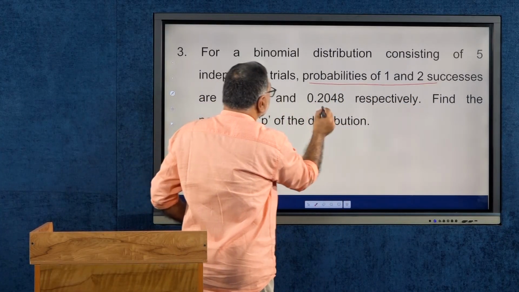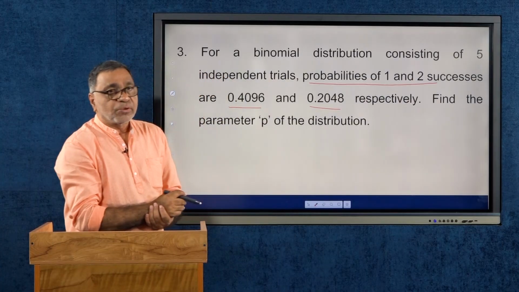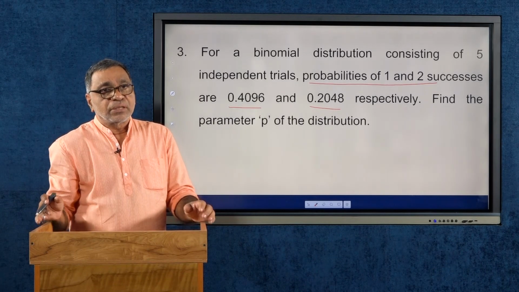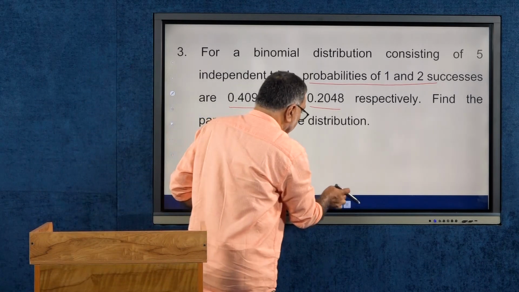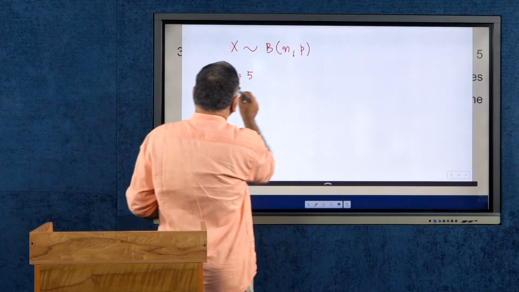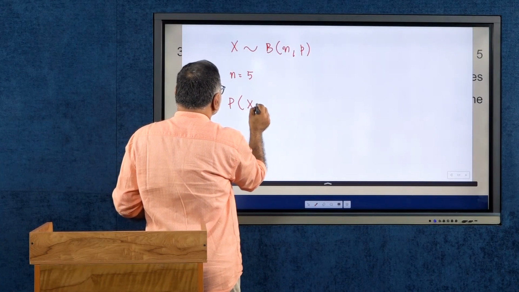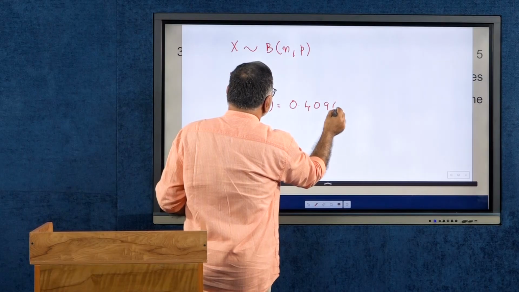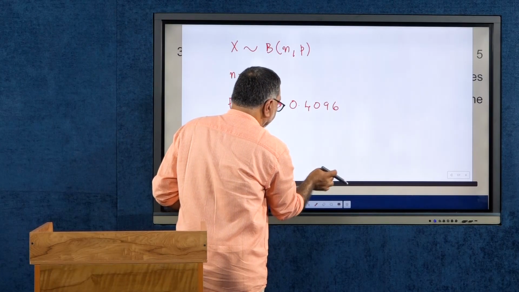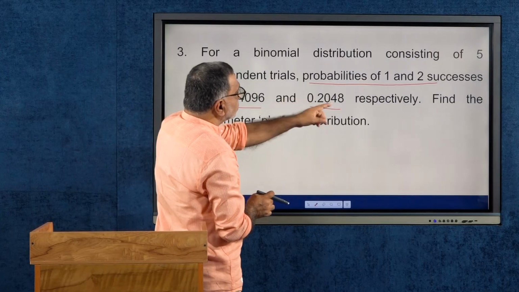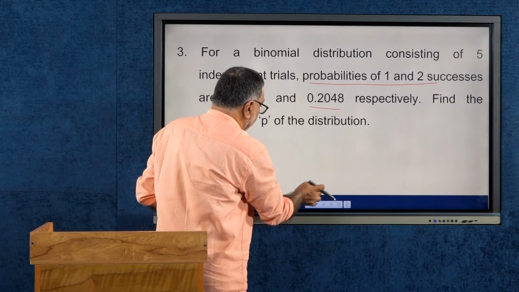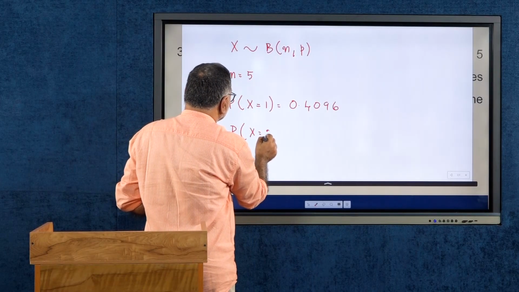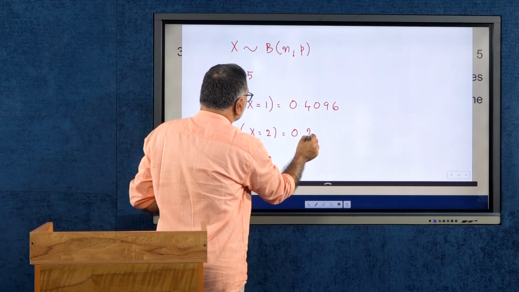These are the values given to you. Probability of one success, that is x is equal to 1, is 0.4096, and probability of 2 successes is 0.2048.